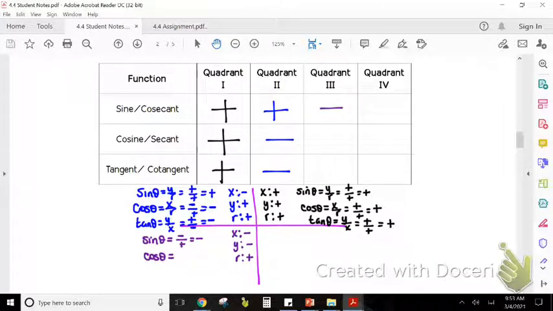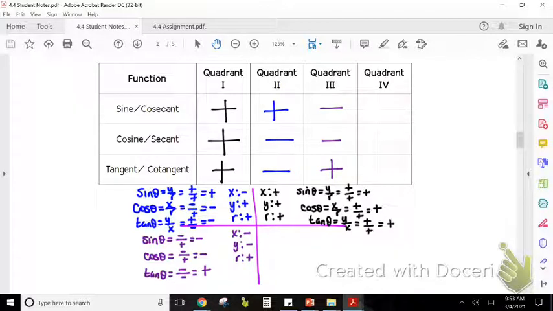Cosine is x over r. x is negative, r is positive, and negative divided by positive is negative. So cosine and its reciprocal secant are both also negative in quadrant 3. Tangent is y over x. y is negative, x is negative, and negative over negative is a positive. Therefore, tangent and cotangent are both positive in quadrant 3.